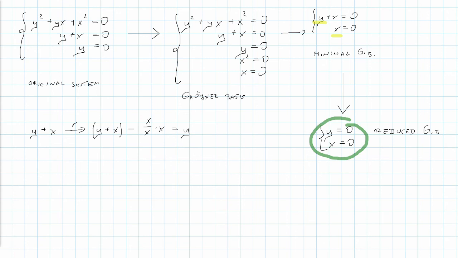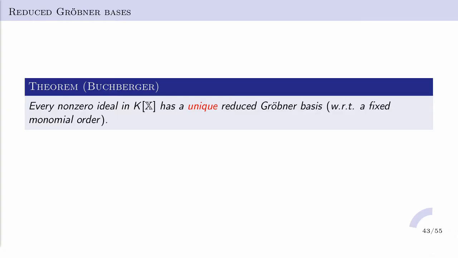But before I present the elimination theorem, let me mention another theorem of Buchberger, which says that every ideal has a unique reduced Grobner basis once we fix the monomial order. This is a very powerful theorem which allows us to operate directly on ideals.